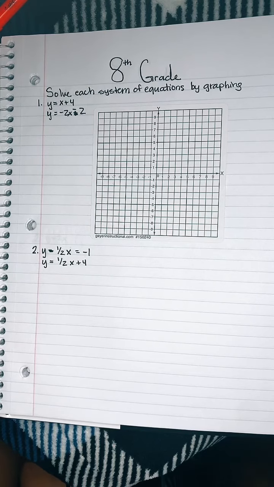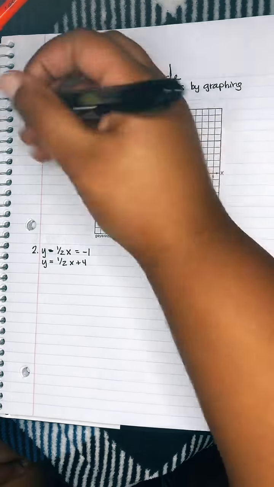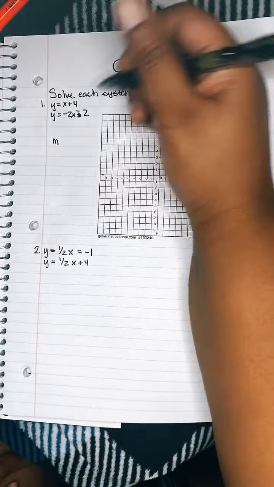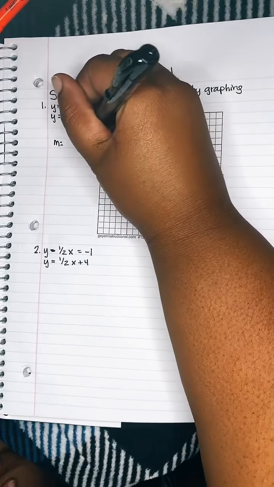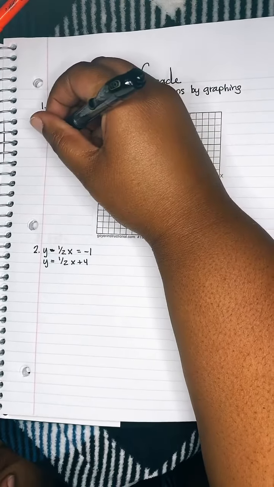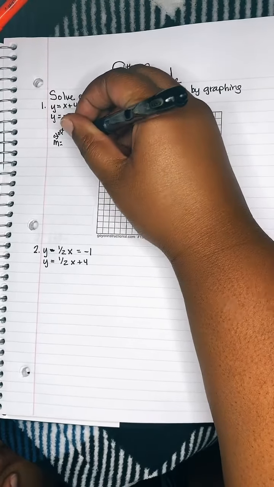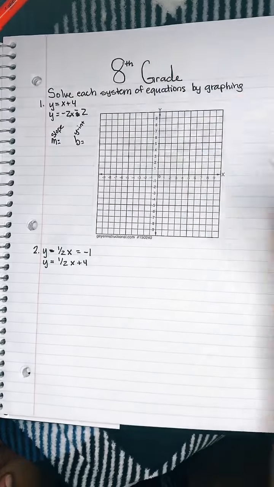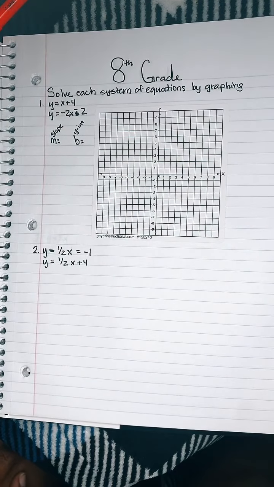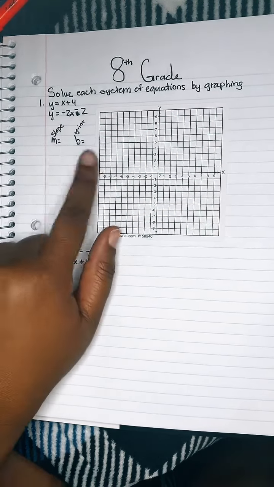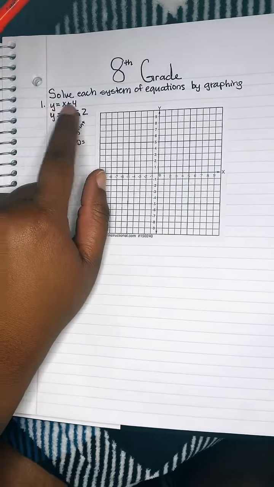I'm not sure. So you have to know the M and the B. And remember, M is called your slope. And B is your y-intercept, okay? Now we're going to look at the first equation.